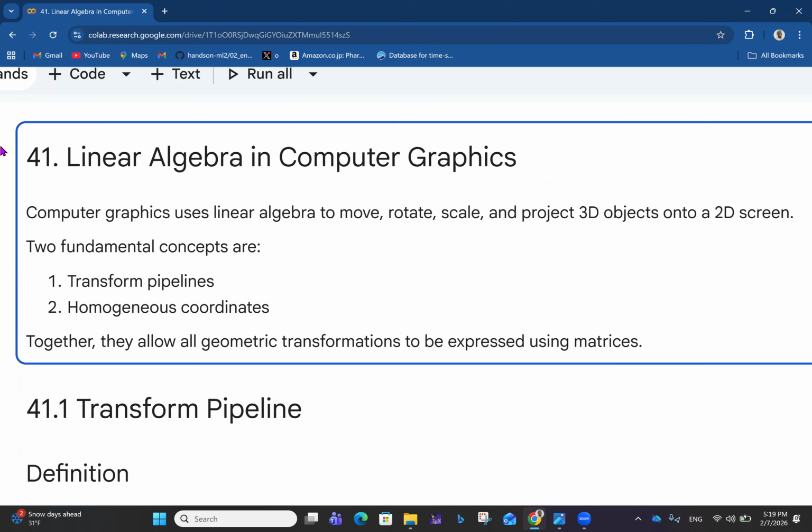There are two fundamental concepts in linear algebra in computer graphics: transform pipelines and homogeneous coordinates. Together, they allow all geometric transformations to be expressed using matrices. So at the end of the day, all those graphics things you're doing, working with pictures, videos, and all of that, can actually boil down to matrices.